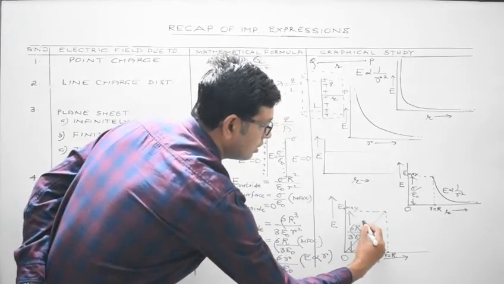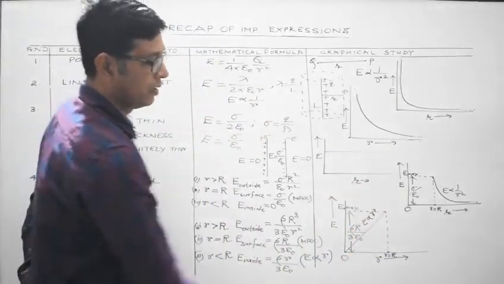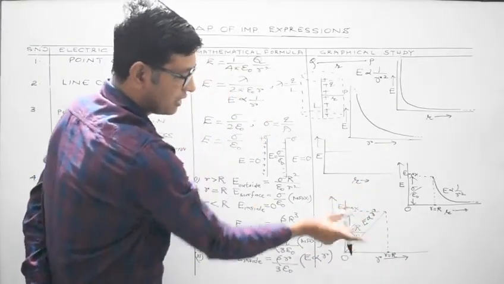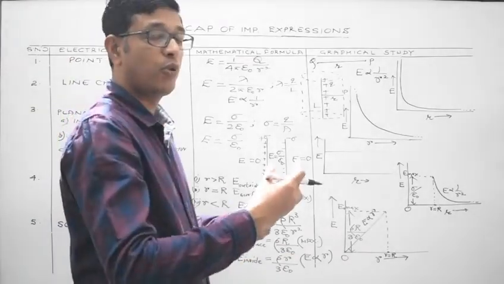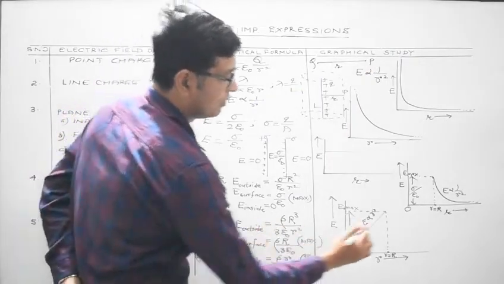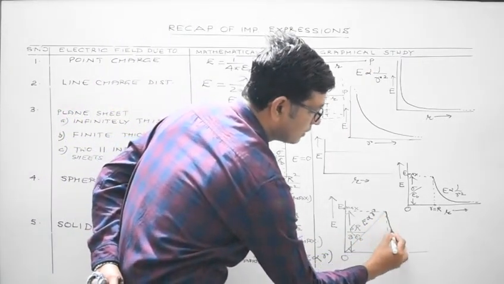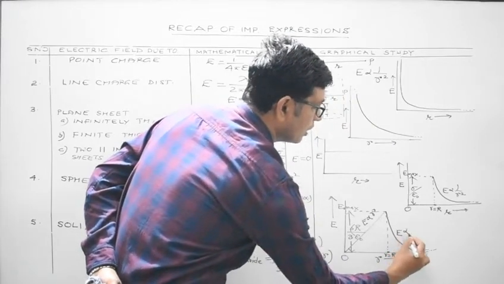So inside, electric field varies directly with r. On the surface, it has maximum value, that is rho R over 3 epsilon. And if the observation point lies outside, then it obeys inverse square law. So the graph would be like this. It will obey inverse square law.